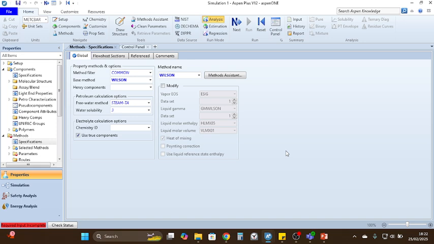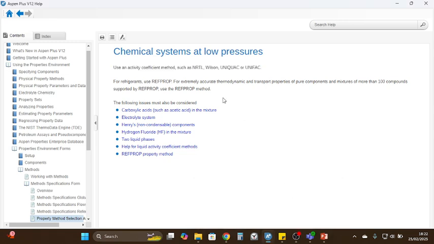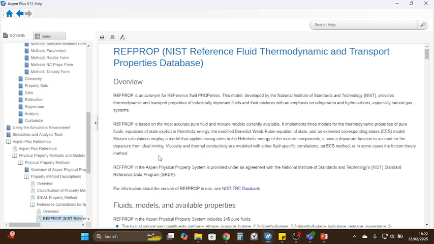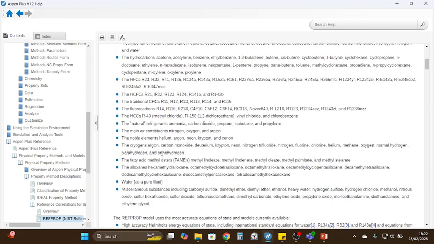In the method assistant page, please select the RefProp property method, the last one. Scroll down, sir, to the bottom. There is a mention. In here, all three components are enlisted: water, ethanol, and acetone.